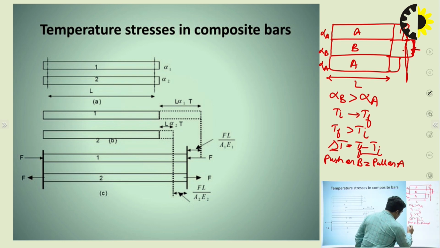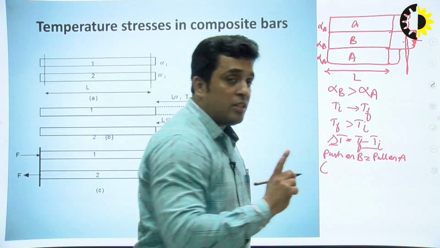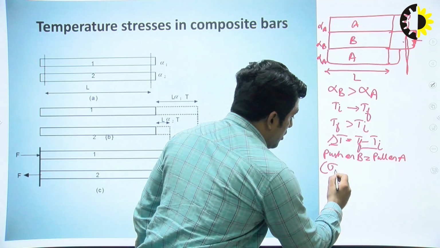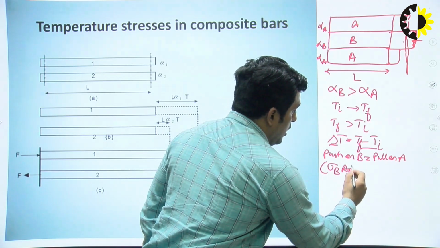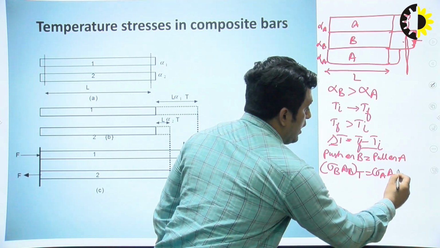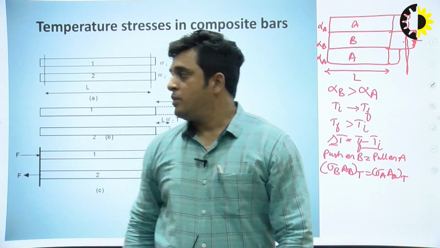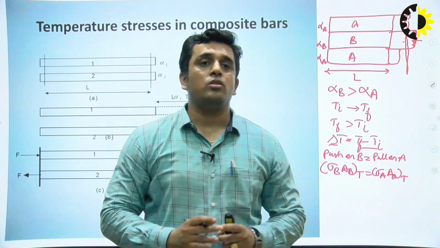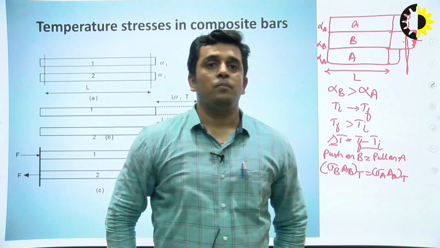Push is force, and force is stress into area. That means sigma B A B thermal will be equal to sigma A A A thermal.